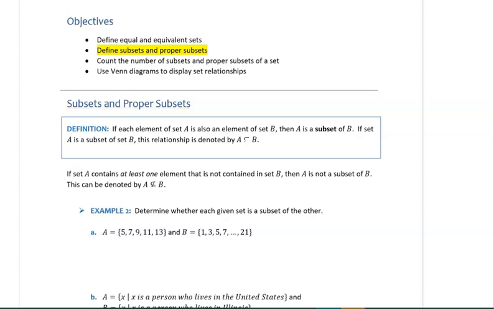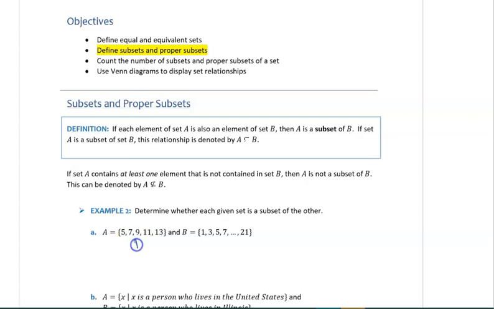Set A is the odd numbers between 5 and 13, whereas set B contains the odd numbers between 1 and 21. Notice that each element of set A is also an element of set B. So we say that A is a subset of B.